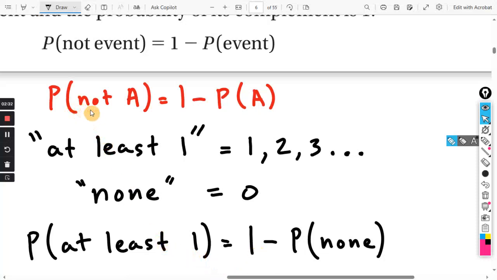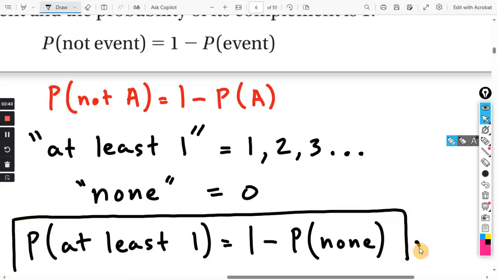So just like the probability of not A is 1 minus the probability of A, the probability of at least 1 equals 1 minus the probability of none. So you need to know that for this exercise if you want to write it down in your notes.